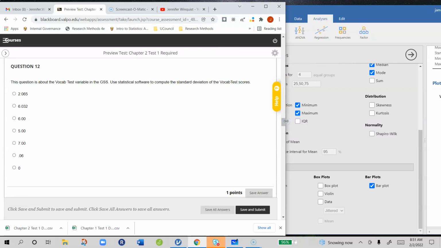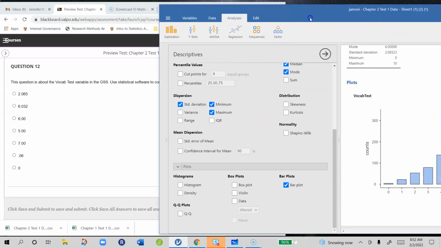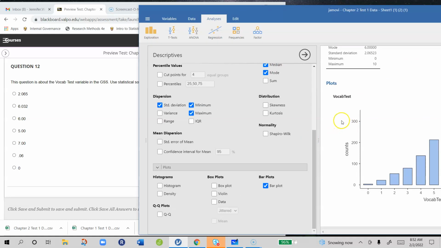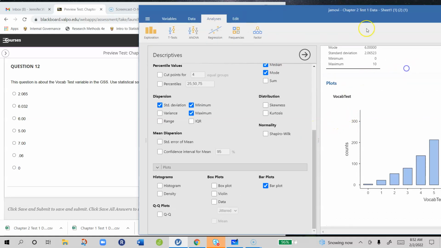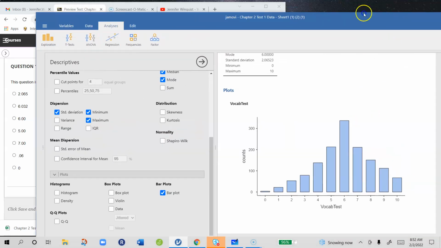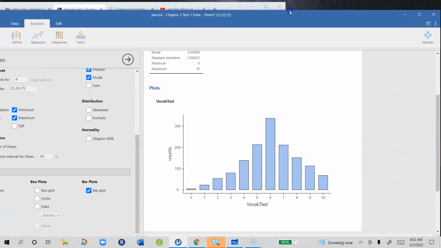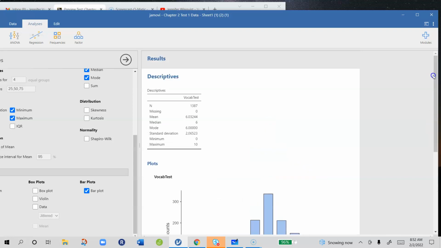Okay, next. The next question is asking about the standard deviation. So we can go back to our Jamovi output, and our standard deviation here is 2.065.